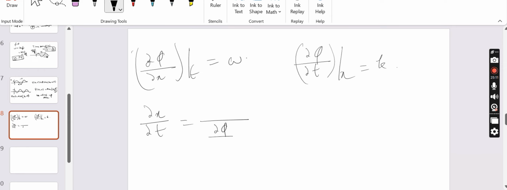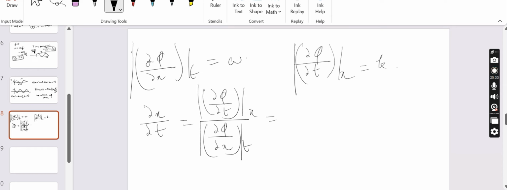We can write it like this: del phi by del t over del phi by del x. We need to take a mod, otherwise we will get a minus sign. We get omega by k.